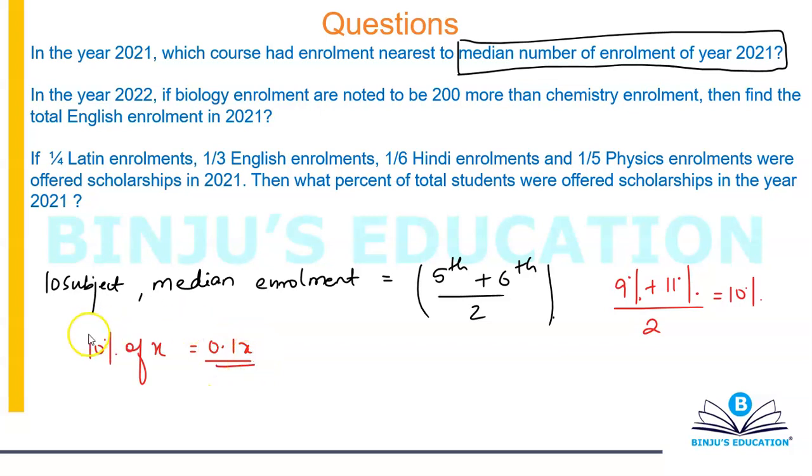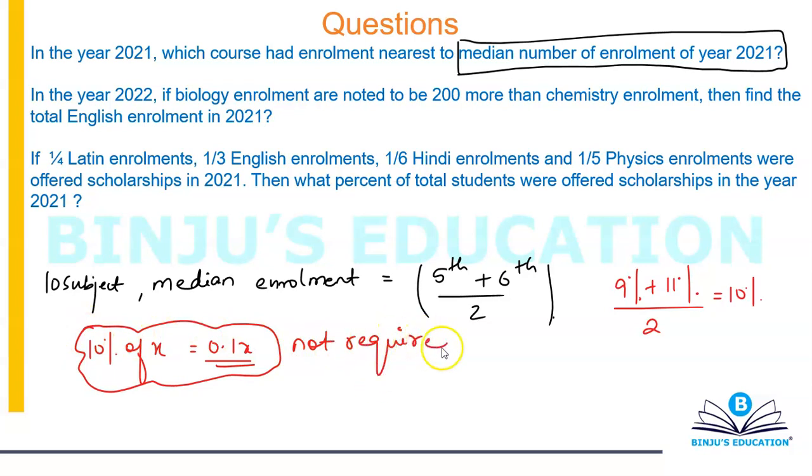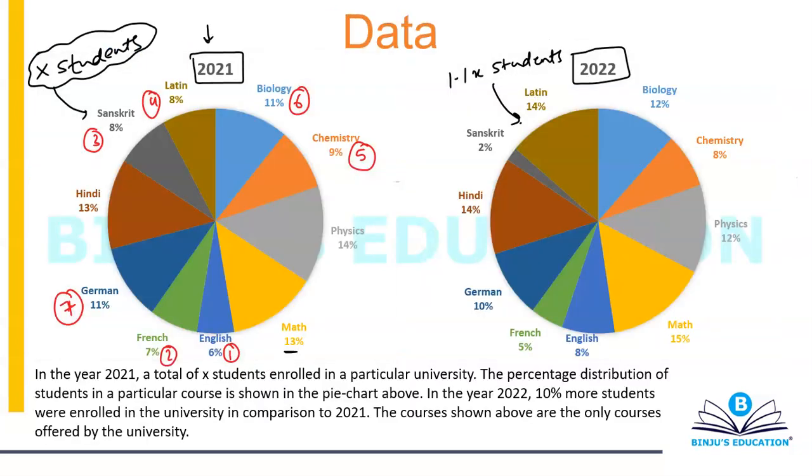Now this calculation was also not required, because you know that your median is 10%. So look for the value which is closest to 10%, and according to the pie chart, you're going to get three values. One is chemistry, one is biology, and the other is German.